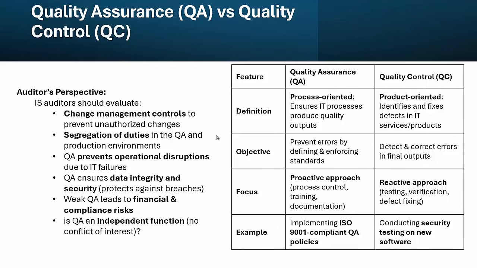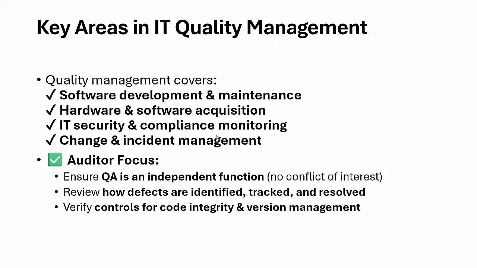Overall, QA and QC are part of overall quality management, which covers software development, maintenance, hardware and software acquisition, IT security, and change and incident management. They play an important role in all these processes. The auditor's focus is to ensure QA is independent. Repeat again, it should be independent. Second, review how defects are identified, tracked and resolved, and verify the controls for code integrity. That is the process we follow.